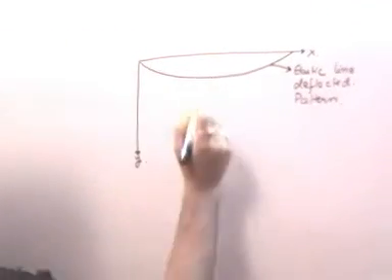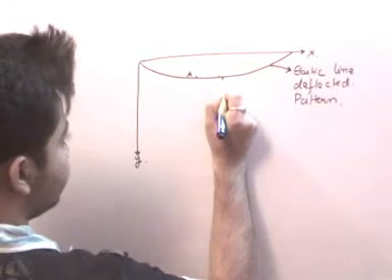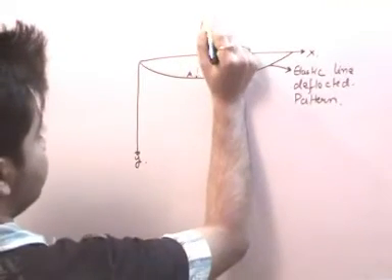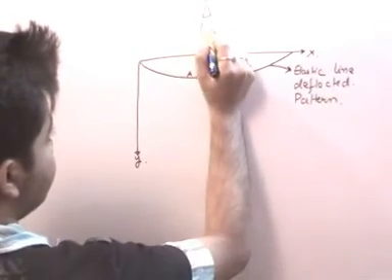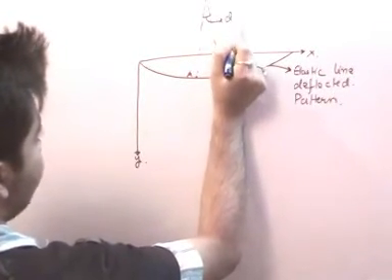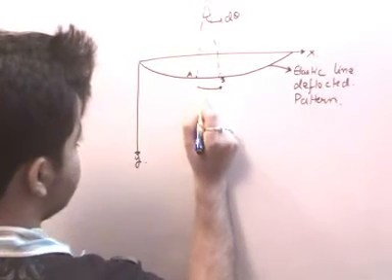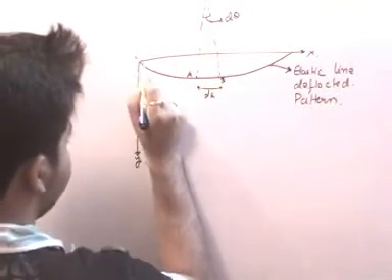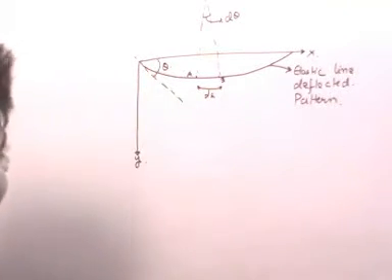Now let us take 2 points A and B. Due to bending, if we draw normals at A and B, the difference of the angle is d theta, and the distance between A and B is ds. If I draw a tangent at this point, then this is theta.